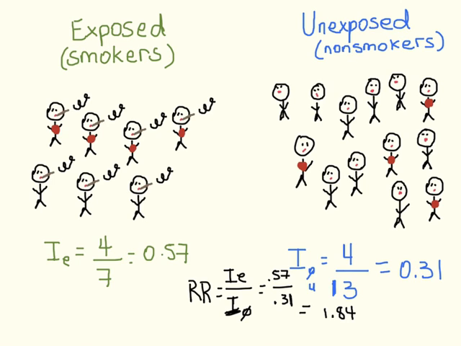So if the relative risk is over 1, it means the exposure results in increased risk. If the relative risk is under 1, it means that the exposure results in decreased risk. And if it's equal to 1, that means that there is no effect of the exposure on risk.